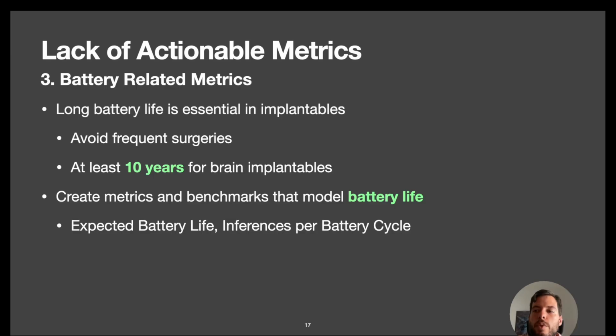So we could create metrics and benchmarks that reflect battery life of the model and how the model architecture affects battery life of the device. This could be, for example, expected battery life or inferences per battery cycle, to give a sense of how long this model is going to last and how expensive this spiking neural network model is going to be on the chip battery.